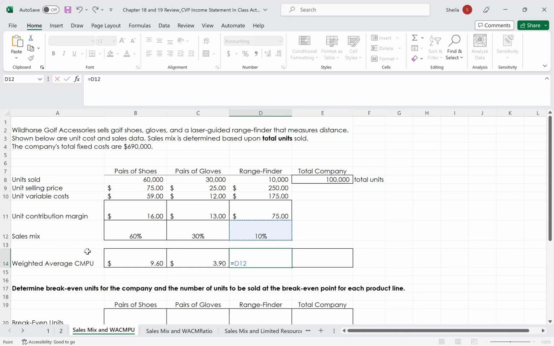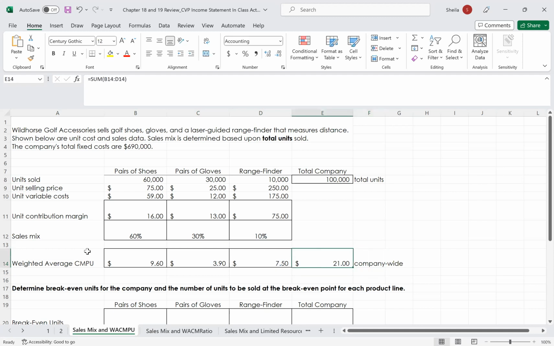So I take 10% times my $75 for rangefinders. I took my 30% times my $13 for my pairs of gloves. Now, on a company-wide basis, if I sum these up again, my company-wide contribution margin per unit is $21.